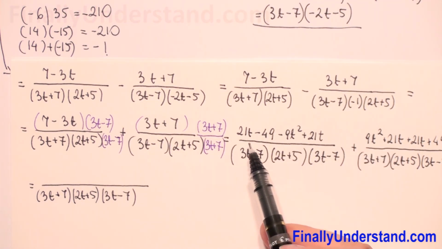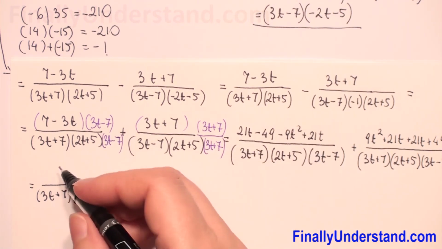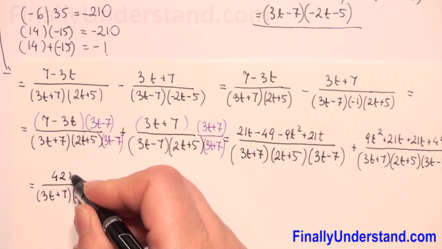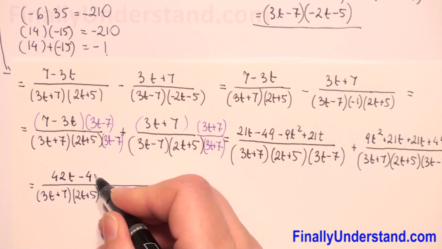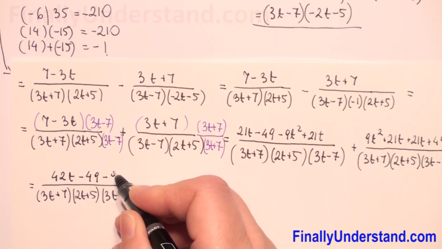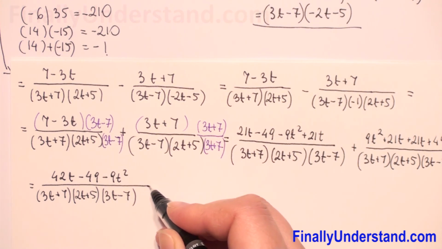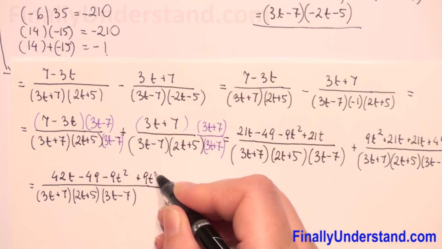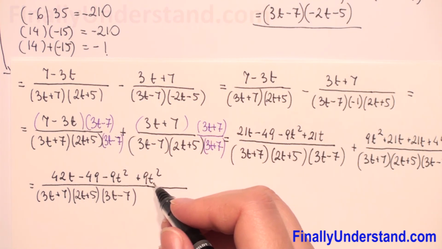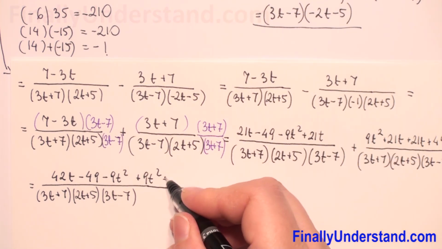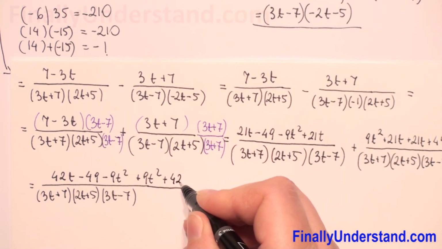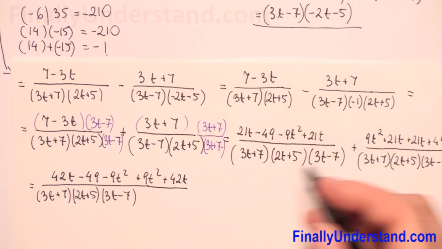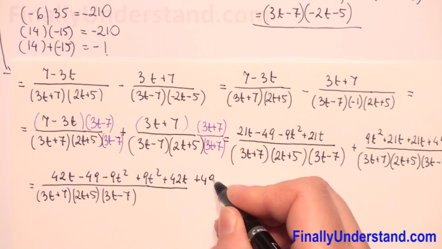And we have to combine the like terms, so it will be 21t and 21t, so it will be 42t minus 49 minus 9t squared, and we have plus 9t squared plus, we have to combine, so it will be 42t, and we have plus 49.